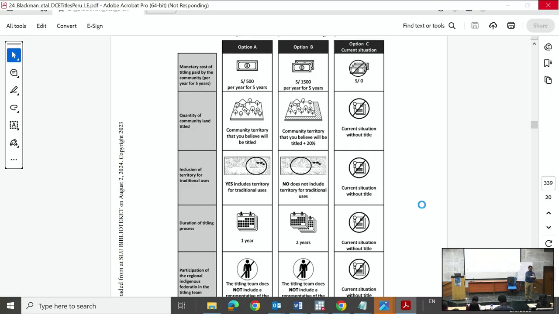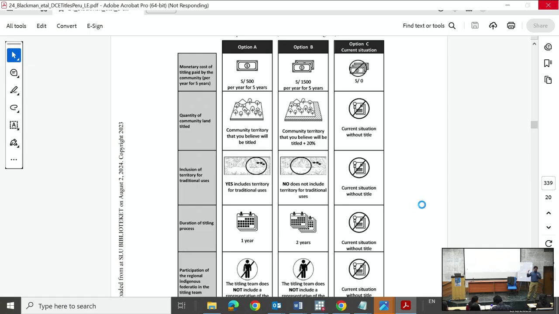You give titles here and you don't give titles there, and then you come back 5 years later. But the motivation of this discrete experiment is that doing that type of experiment is very expensive, and two, usually it requires coordination with the specific government, and you never know in those contexts whether the government 5 years later is going to still be there or is going to want you to come back and keep the study.